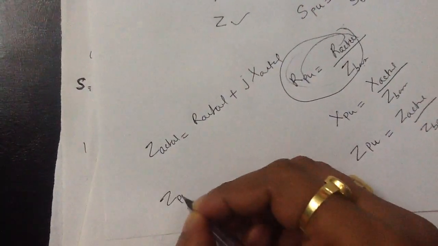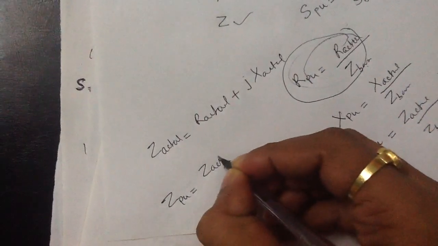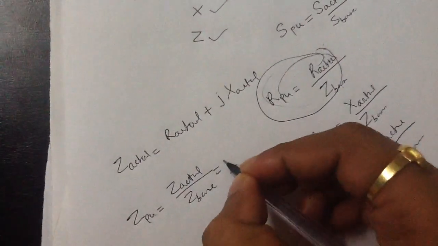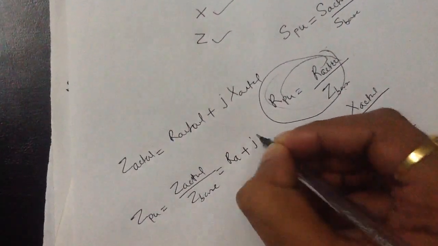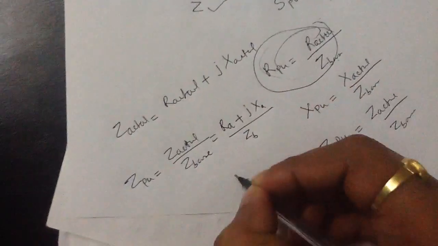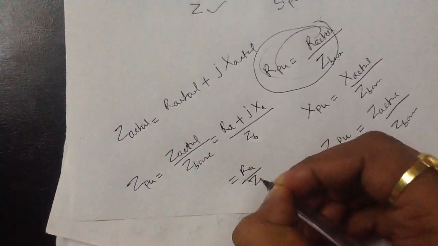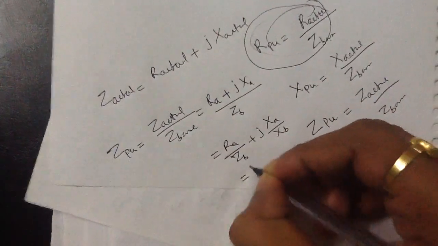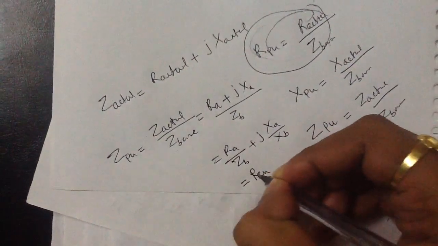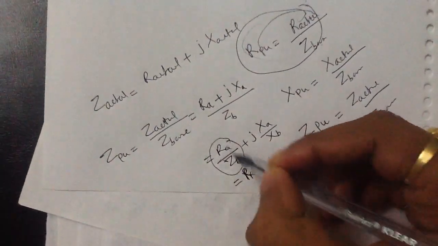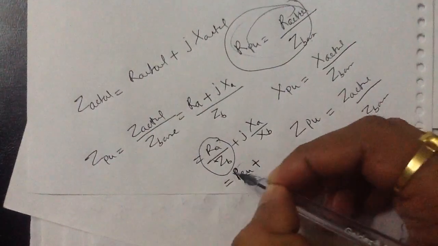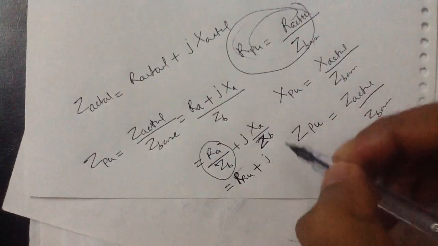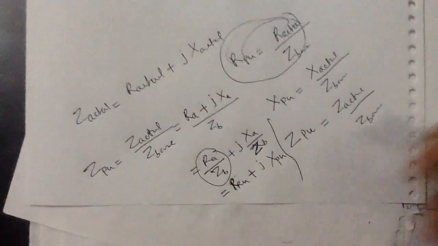To define Z per unit, you will write Z actual divided by Z base. So Z actual can be written as R actual plus j X actual divided by Z base. So it will be R actual upon Z base plus j X actual upon Z base. So this will be written as R actual divided by Z base equals R per unit, plus j X actual upon Z base equals X per unit. Remember this.